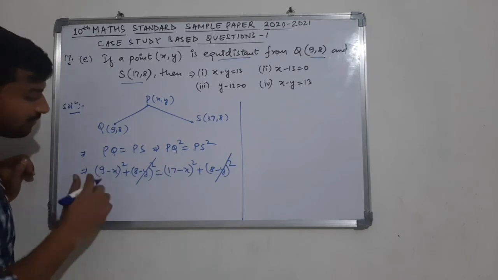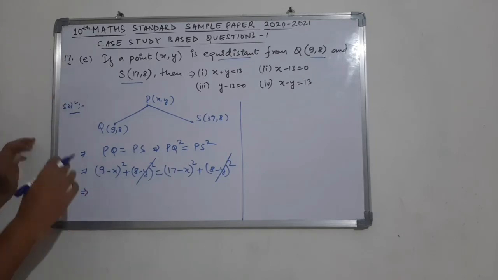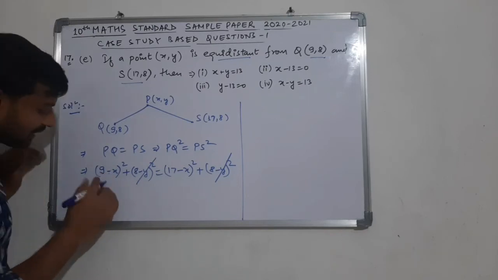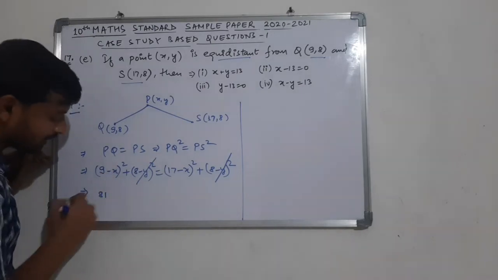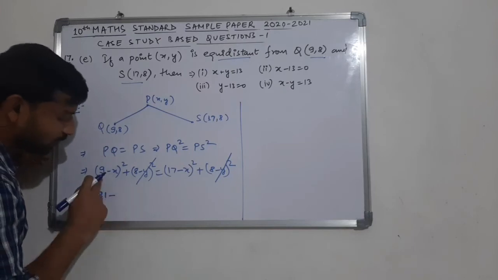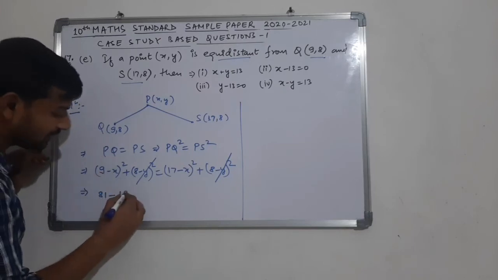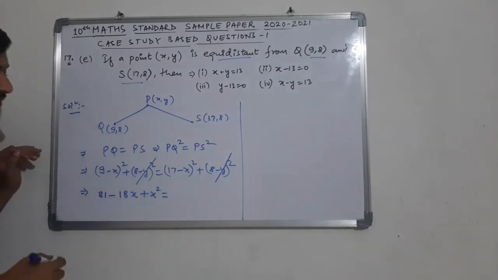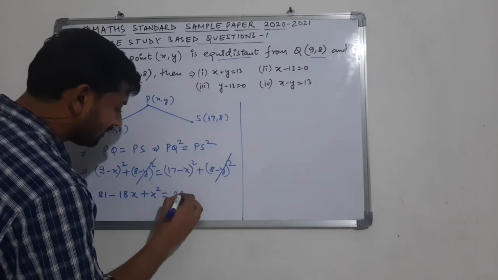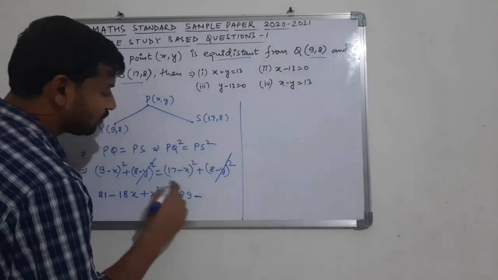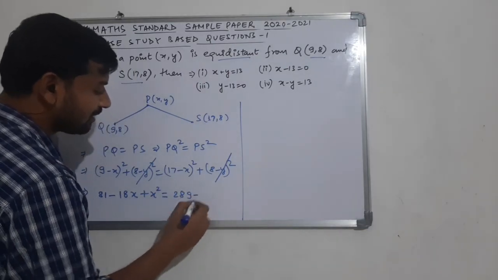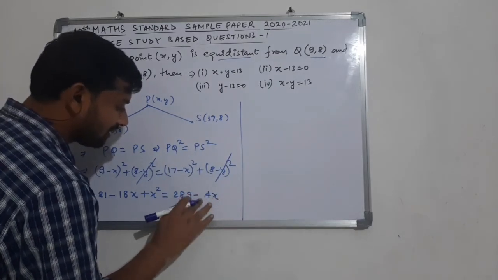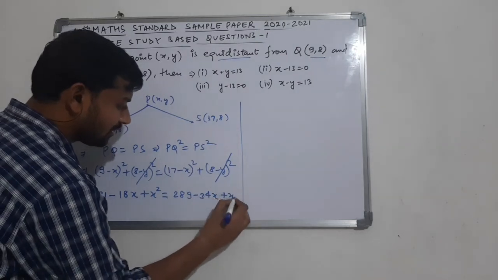Let us simplify this. If we apply (a minus b) whole square on both the sides, what we will get: 9 square is 81, a square minus 2ab, so 2 into 9 into x, we will get 18x, plus b square, that is x square, is equal to 17 square, that is 289, minus 2ab, so minus 2 into 17 into x, this is 34x with a minus sign, then x square.